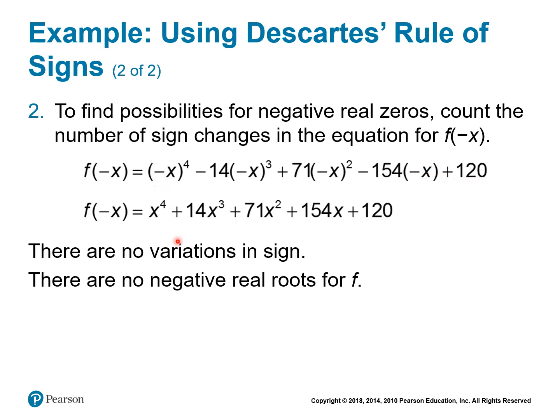And when we do that, negative x to the power 4, raised to an even power, is going to be positive x to the fourth. This is going to be minus 14 times minus x cubed. So plus 14x cubed, minus minus becomes a plus. Negative x cubed is negative x cubed, so negative 14 times negative x cubed is positive 14x cubed.